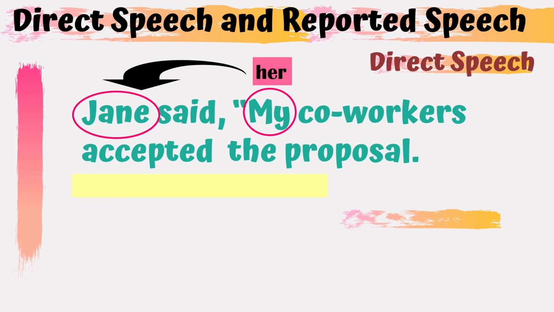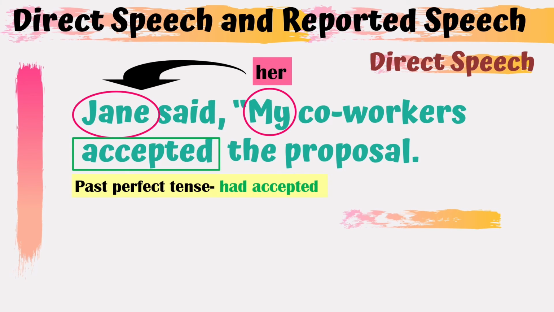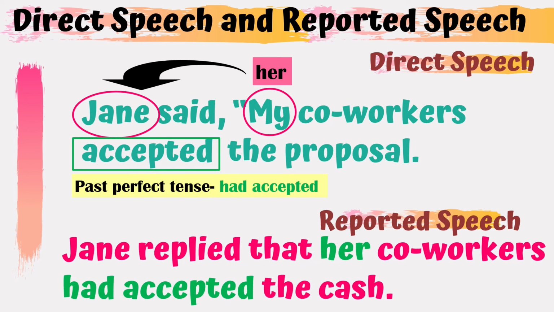Next, since the reporting verb is in the past tense, we have to change the tense of the verb in the reported clause. The simple past tense accepted will be changed to the past perfect tense, had accepted. Therefore, our reported speech will be, Jane said that her co-workers had accepted the proposal.